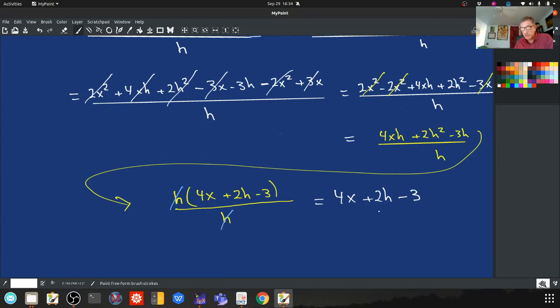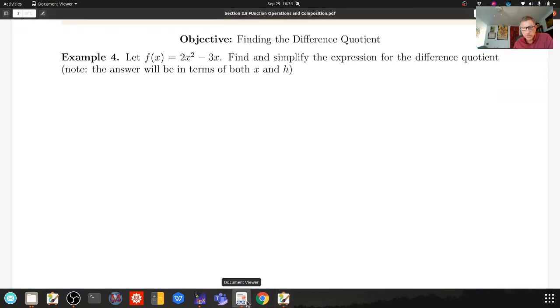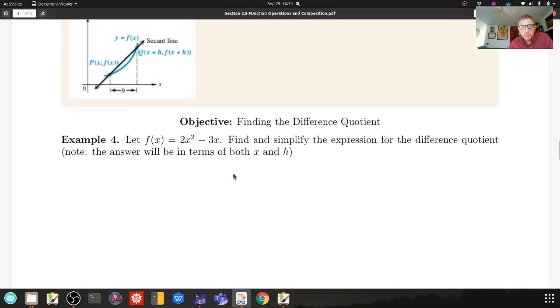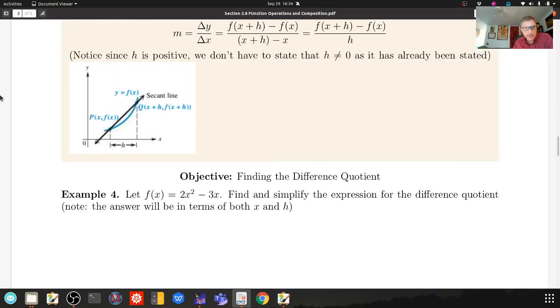That is your answer. But for those of you who are going into calculus, I want you to think about something. If our points get closer and closer, then the value of h approaches 0. As my point P gets closer to Q, the distance between them, which is h, gets closer and closer to 0.